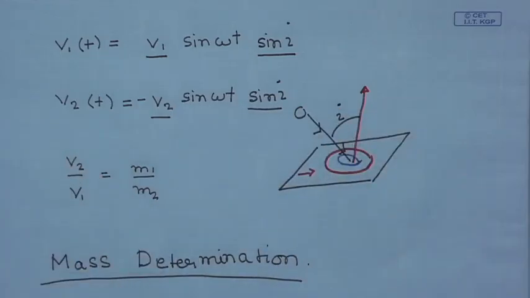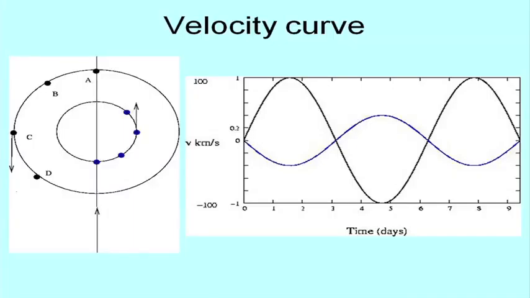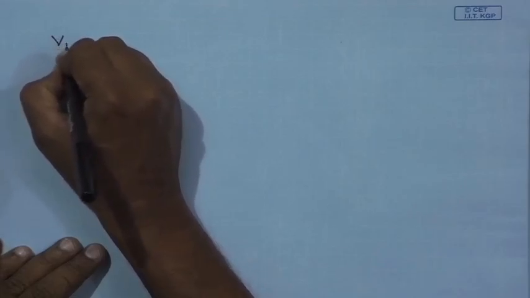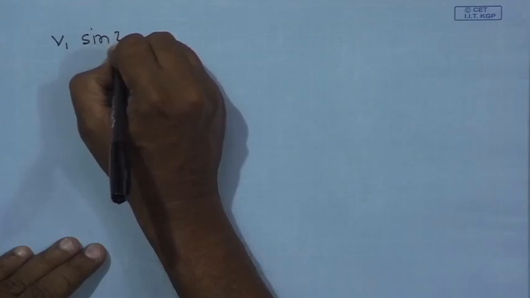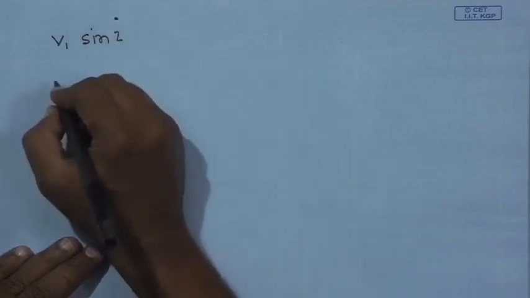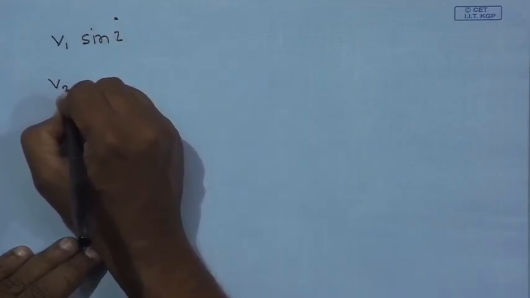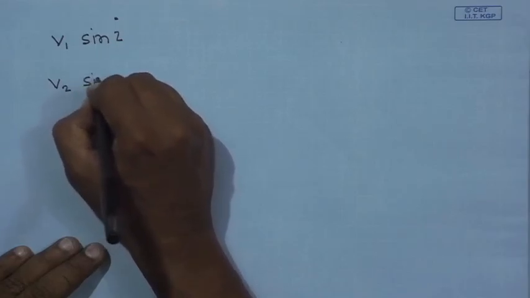So, what the observer can determine from the observations is actually V1 sin I and V2 sin I.